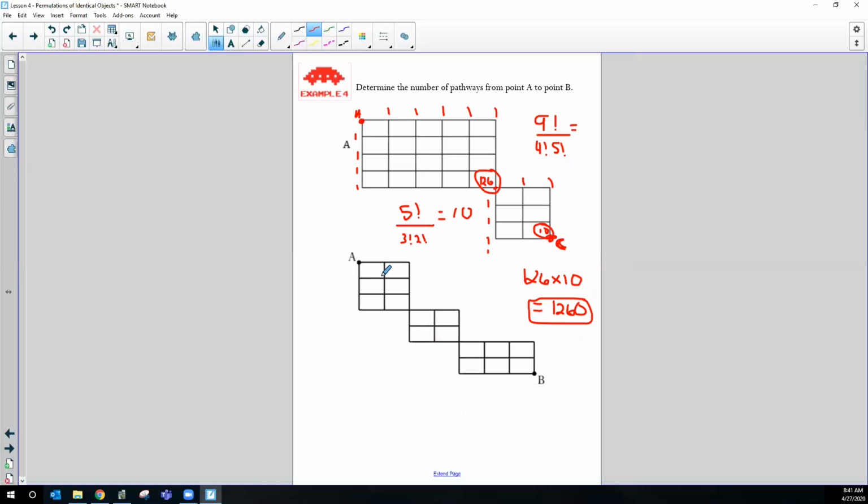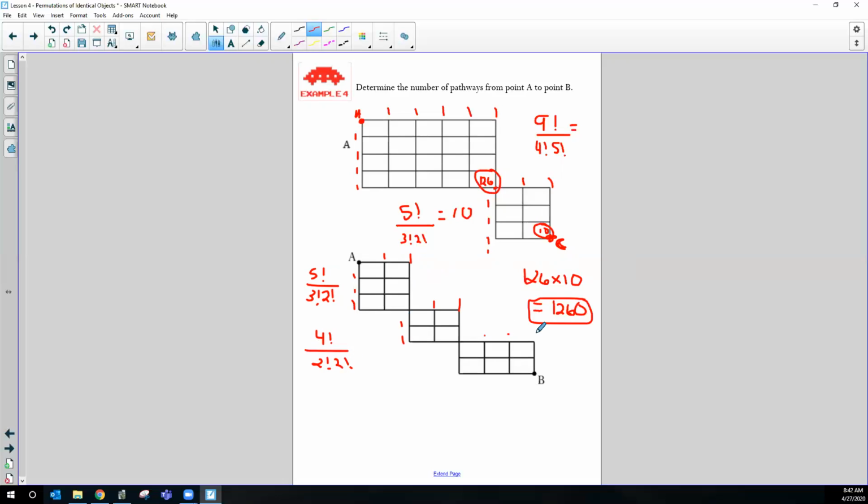Okay, so let's do this one. You have 3 separate boxes, so you're going to calculate each box separately. So this one has 1, 2, 3, 4, 5. So again, 5 factorial over 3 and 2. Then you have 1, 2, 3, 4. So 4 factorial over 2 and 2.